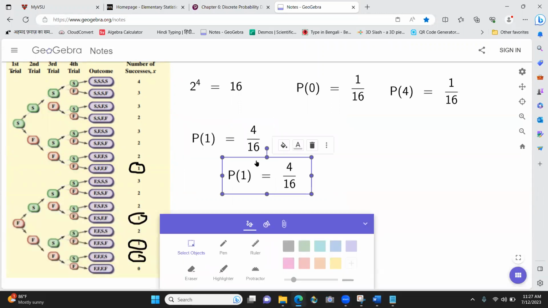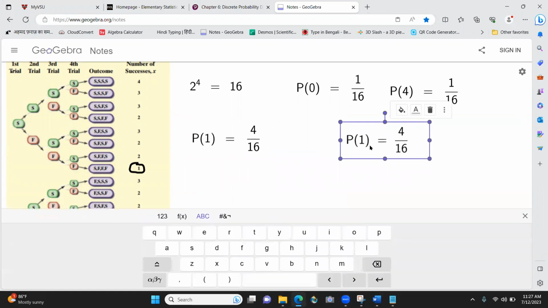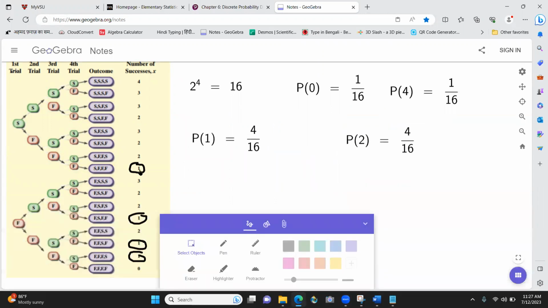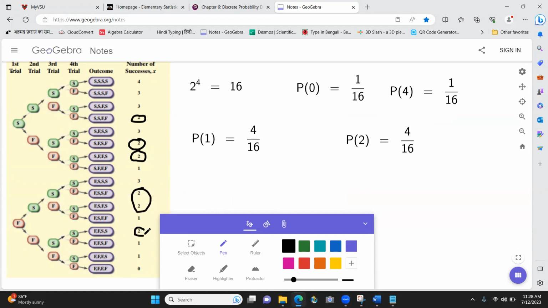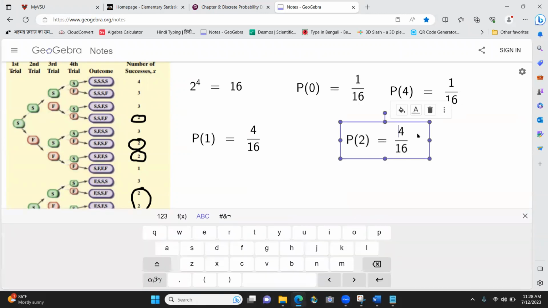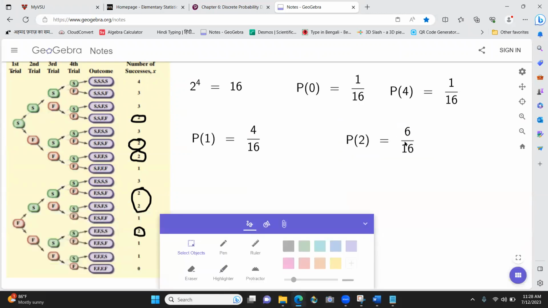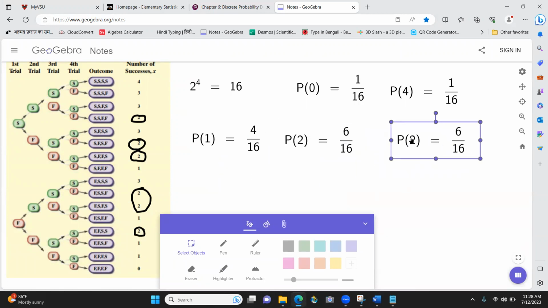What about 2? Two successes: 1, 2, 3, 4, 5, 6. I'm getting 6 out of 16. Then I have one more, the third one: 3 successes.